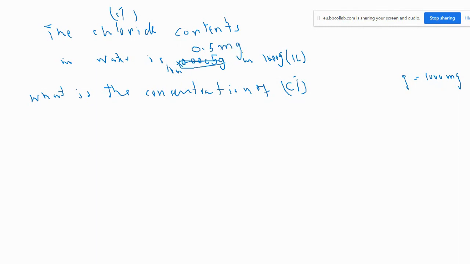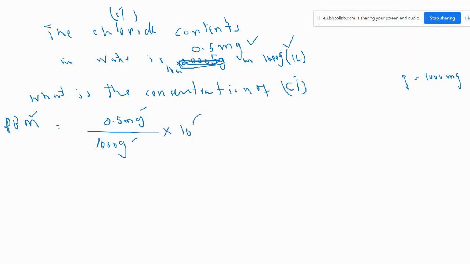Usually in these kinds of equations you must have the same unit. Now for ppm, what is the amount of chloride we have? 0.5 milligram. How much is the water? 1000 gram. Now I'm in trouble because here is milligram, here is gram. I cannot cancel them out unless they have the same unit.